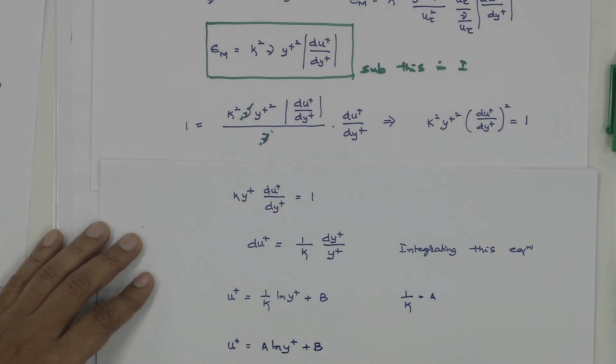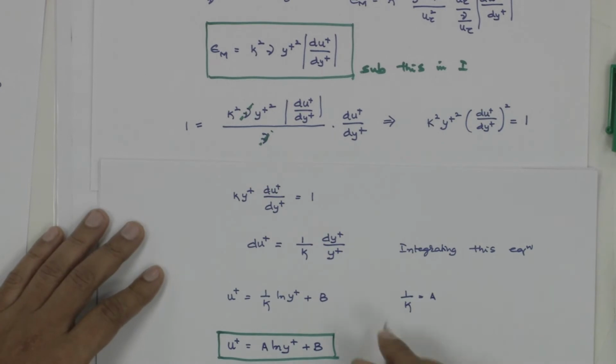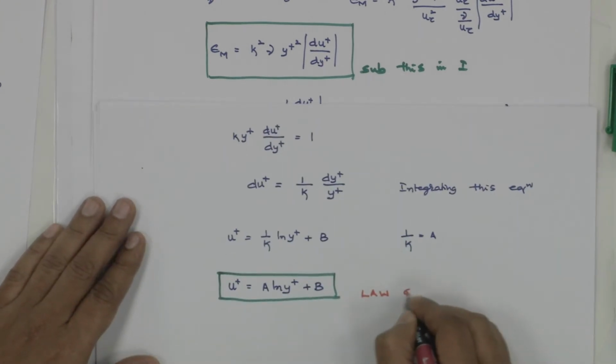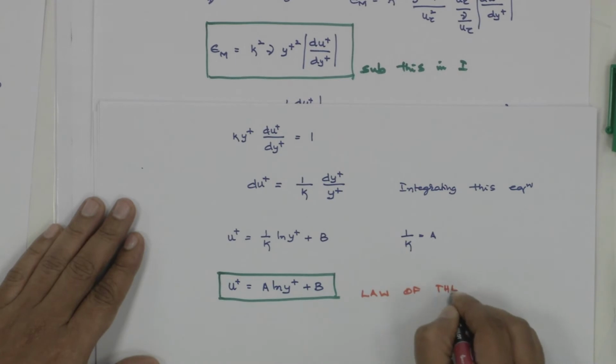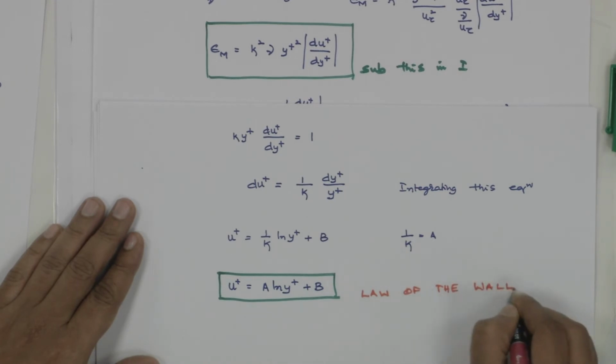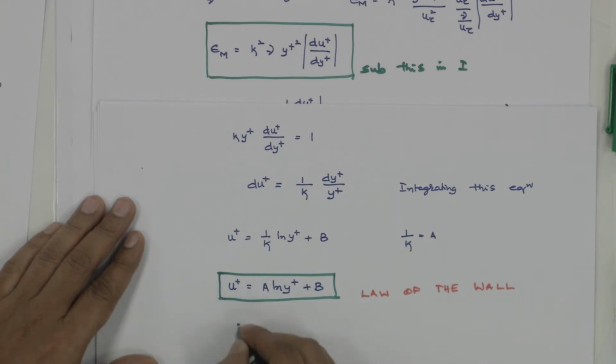So, this is the equation which I have gotten, but who gives me a and b? A and b come from experiments. So, this is what is called the law of the wall. If you compare with the experimental data, A equal to 2.5 and B equal to 5.5.